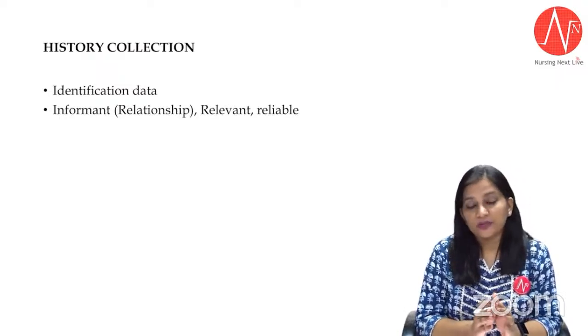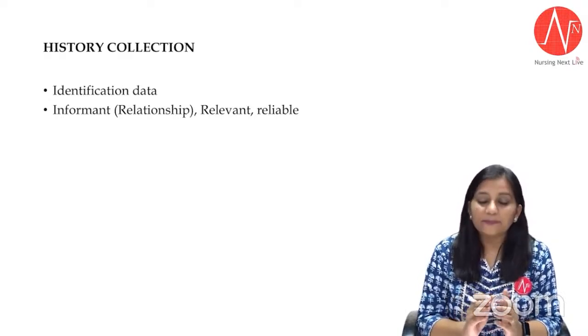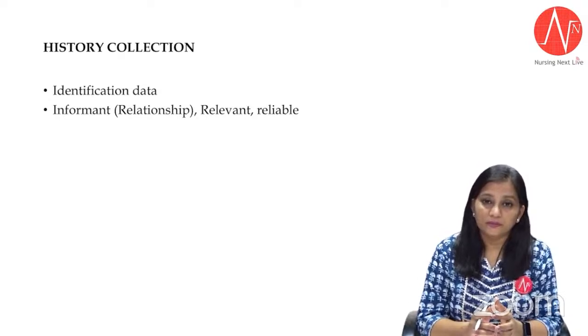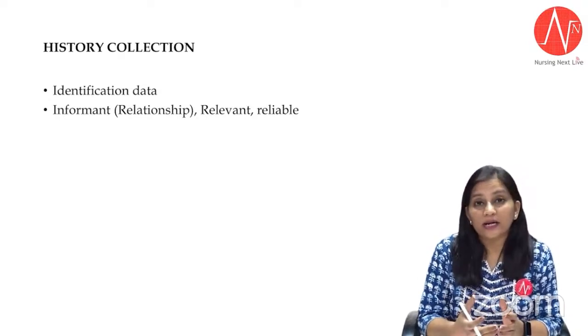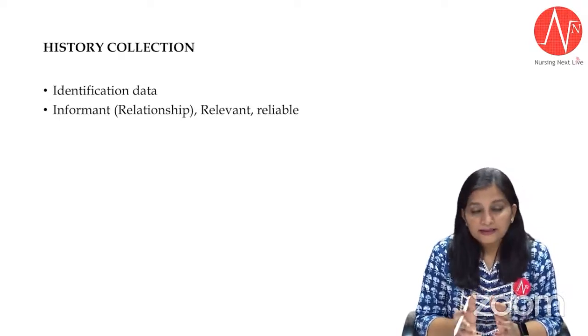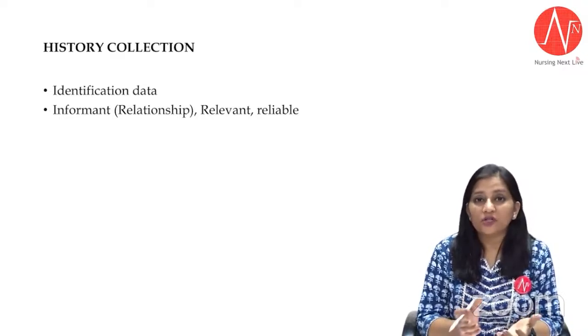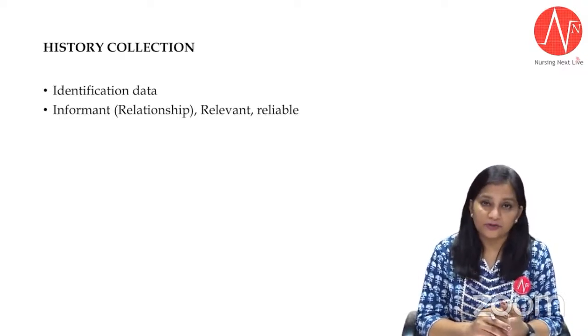Talking about dietary habits, whether the patient is vegetarian or non-vegetarian, will help you in psycho-educating the patient about a balanced diet, because you will teach about those diets which are the preferences of the patient.